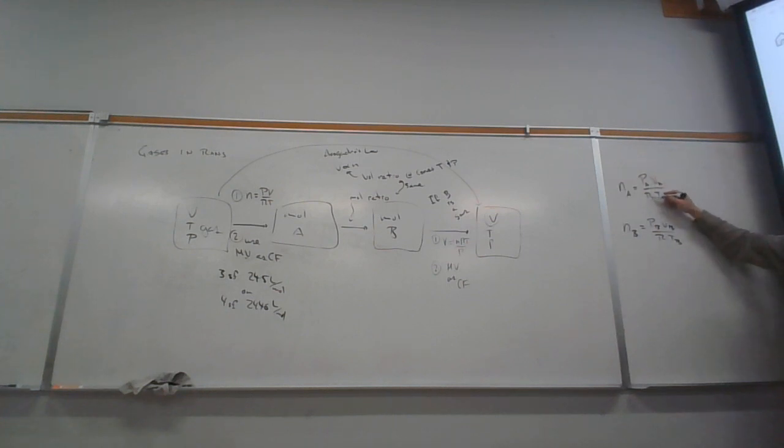And R doesn't change, and if the temperature is the same, then what we see is that n sub A is just going to equal a constant times V_A, and this is equal to a constant times V_B.